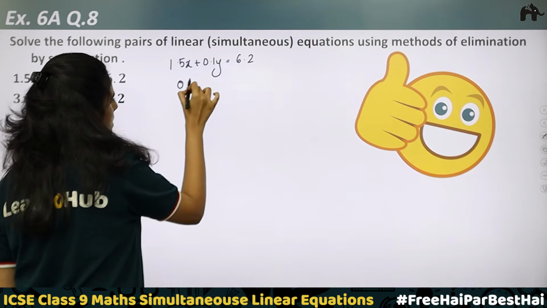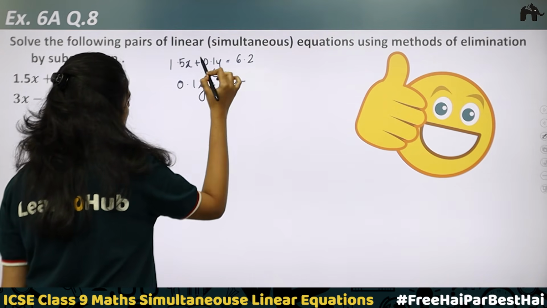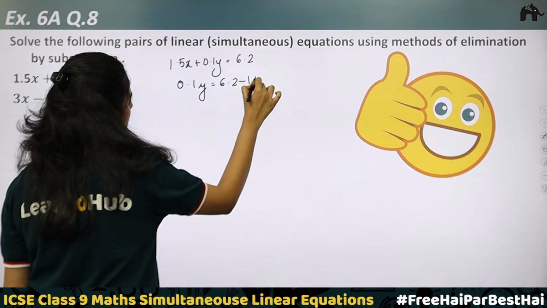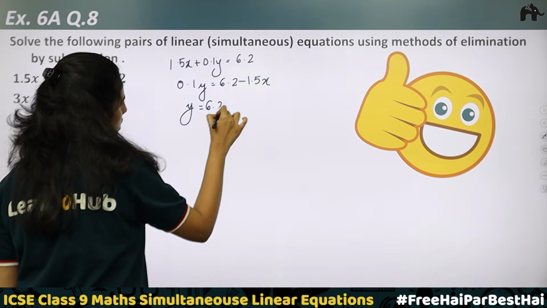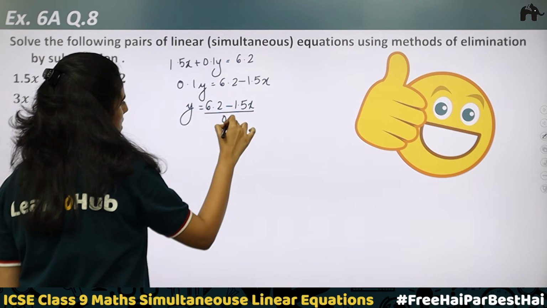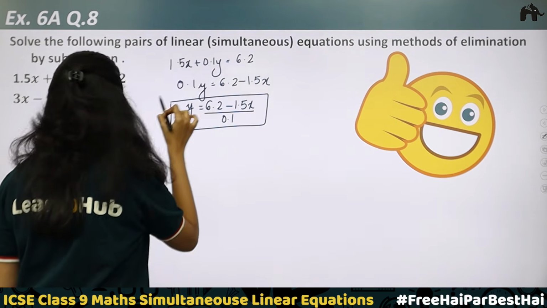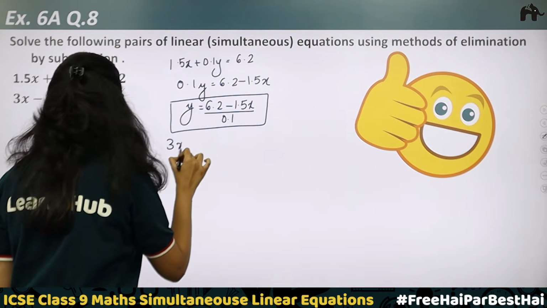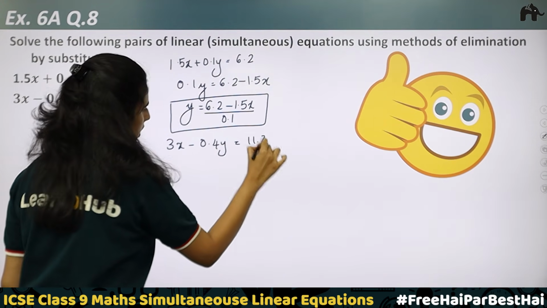From this you have 0.1y is equal to 6.2 minus 1.5x, and y is equal to (6.2 minus 1.5x) divided by 0.1. Okay. This is y.